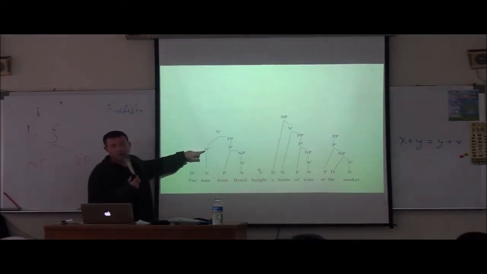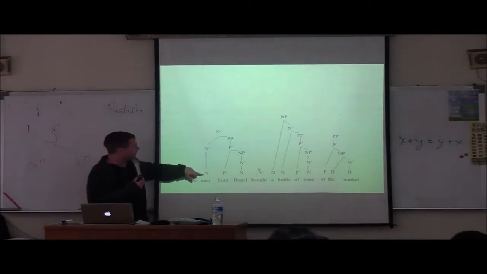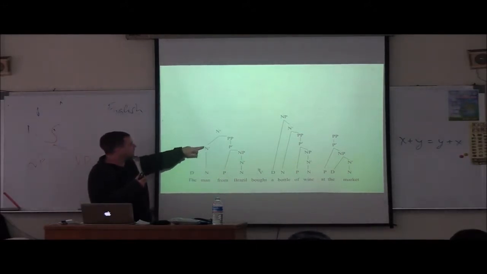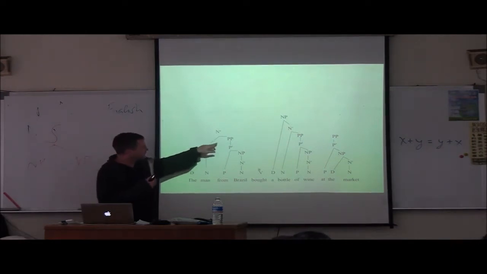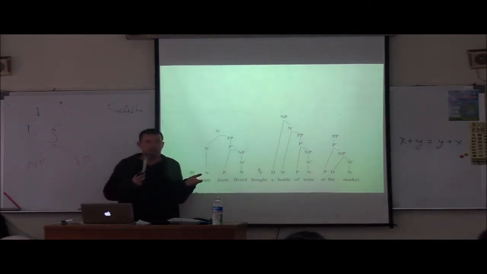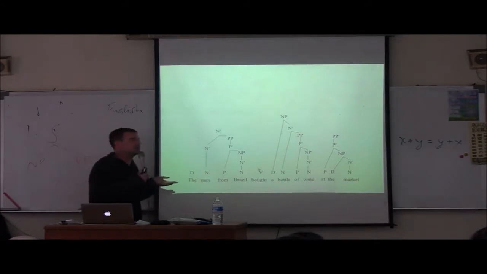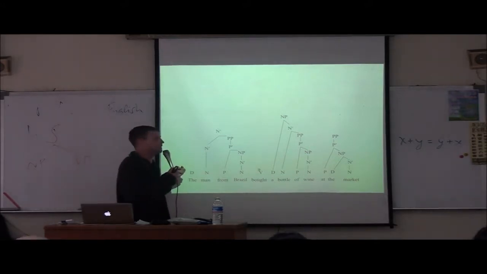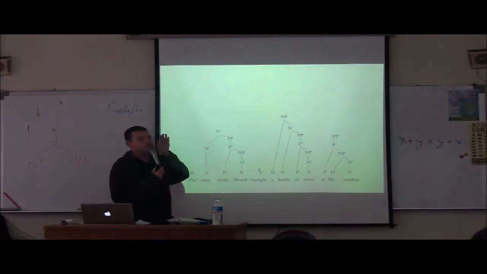So, man has no complement, it's just a head, but its mother needs to be N bar, and it better not be the sister to an adjunct. Heads can't be sisters to adjuncts. Only complements can be sisters to adjuncts. Actually, only complements can be sisters to heads, excuse me.